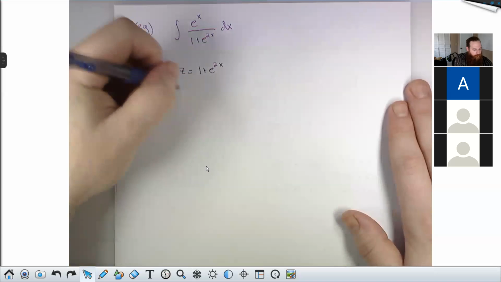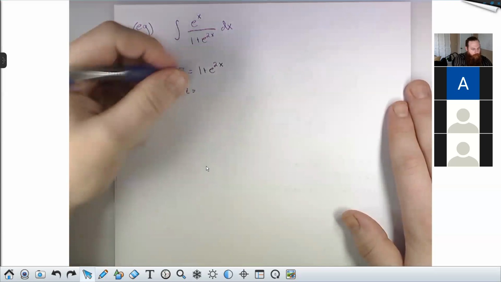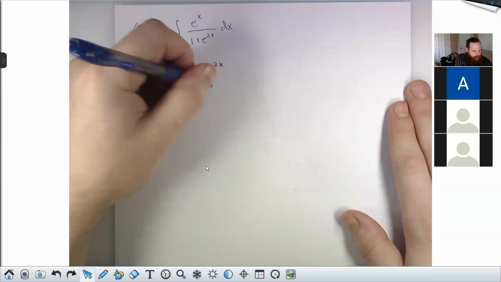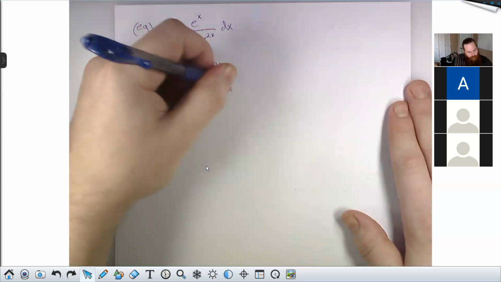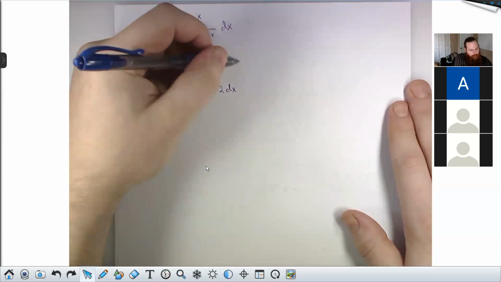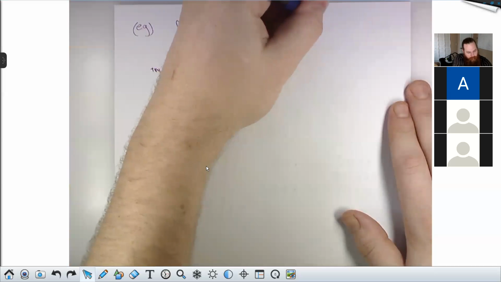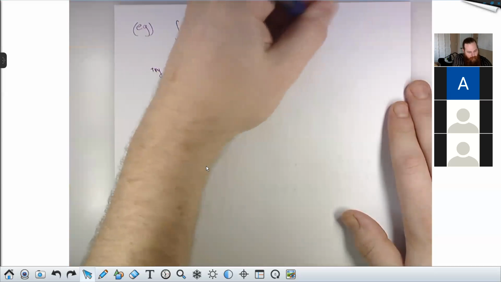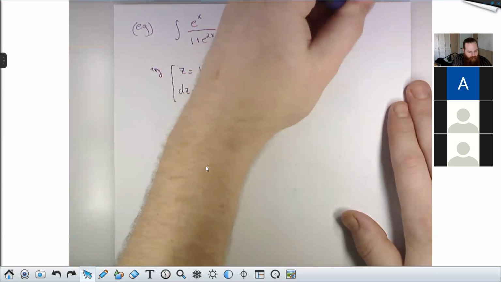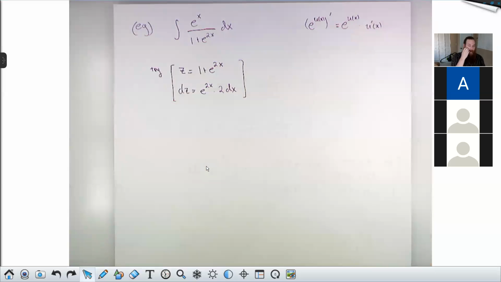If you do that, then your differential dz, the 1 differentiates to 0, e to the 2x differentiates to e to the 2x times 2. Because remember, e to some stuff, you prime that, you always get e to that stuff back, but then by the chain rule, you have to multiply by the derivative of the stuff.